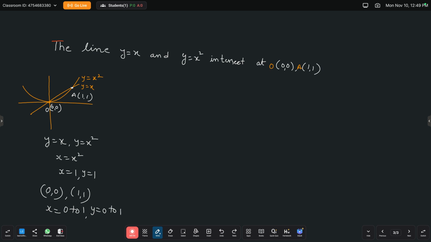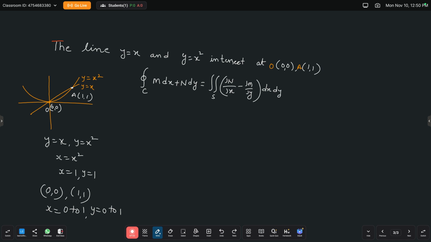These are the coordinates. Now you can calculate first when verifying Green's theorem. Green's theorem statement is the circulation of m dx plus n dy is equal to the double integral of dou n by dou x minus dou m by dou y with respect to dx dy.